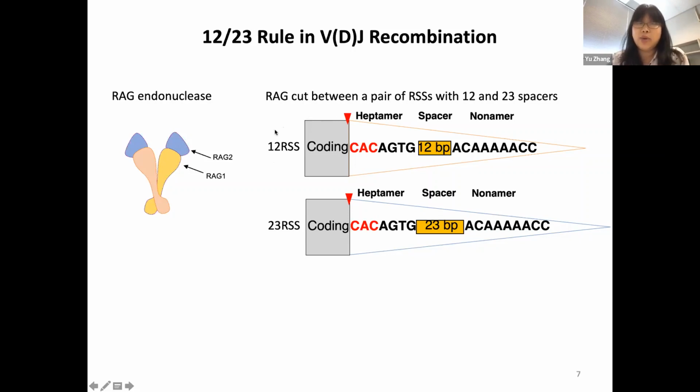The RAG substrate RSS consists of a conserved heptamer and a nonamer that are separated by either a 12 base pair spacer or a 23 base pair spacer.